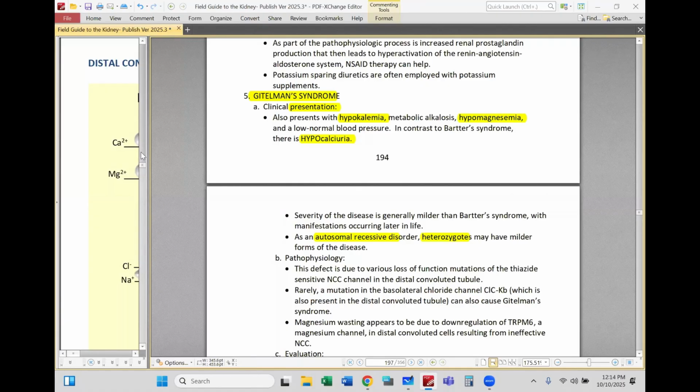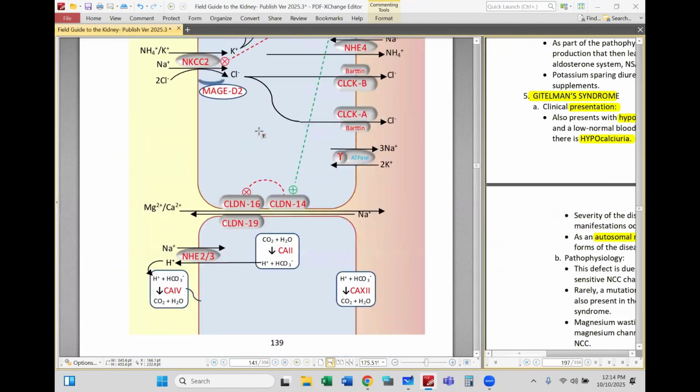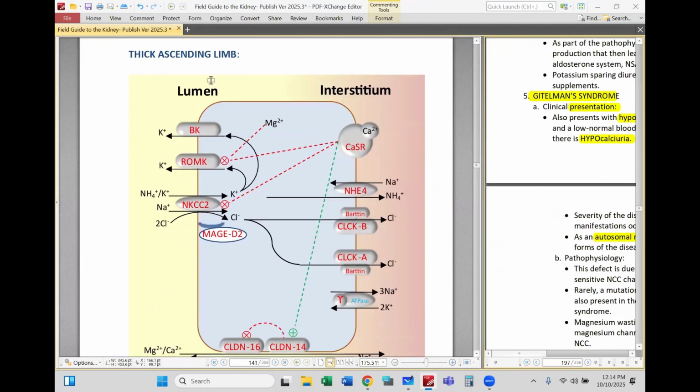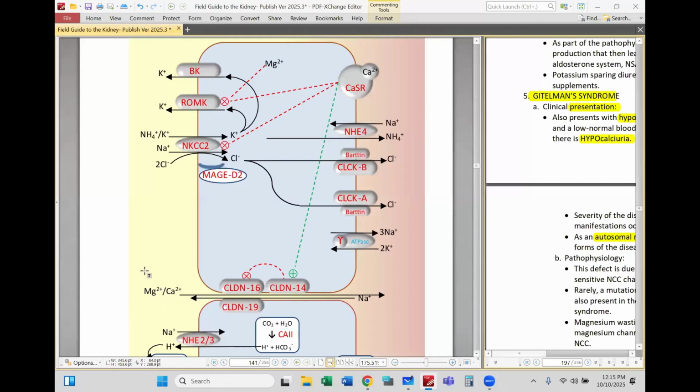Why does it not make sense? We'll talk about this when we get into magnesium homeostasis, but it doesn't make sense because the thick ascending limb is where the bulk of magnesium transport occurs. Okay, so most of magnesium reabsorption happens in the thick ascending limb.